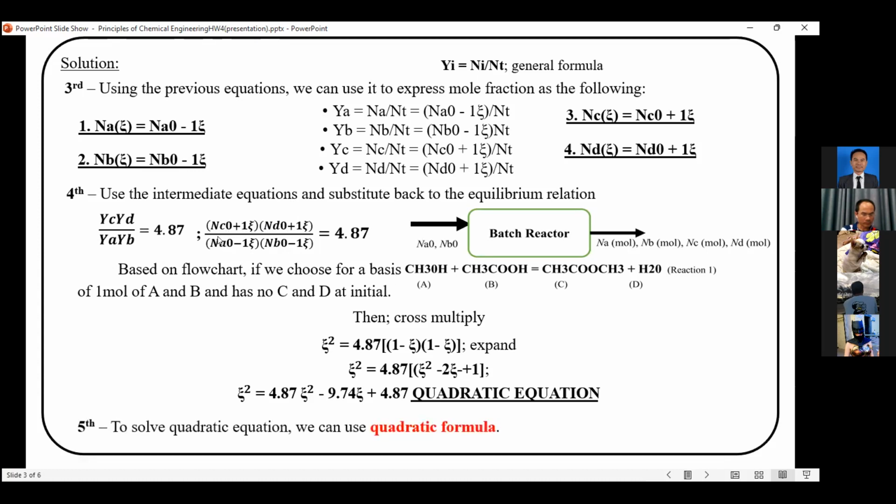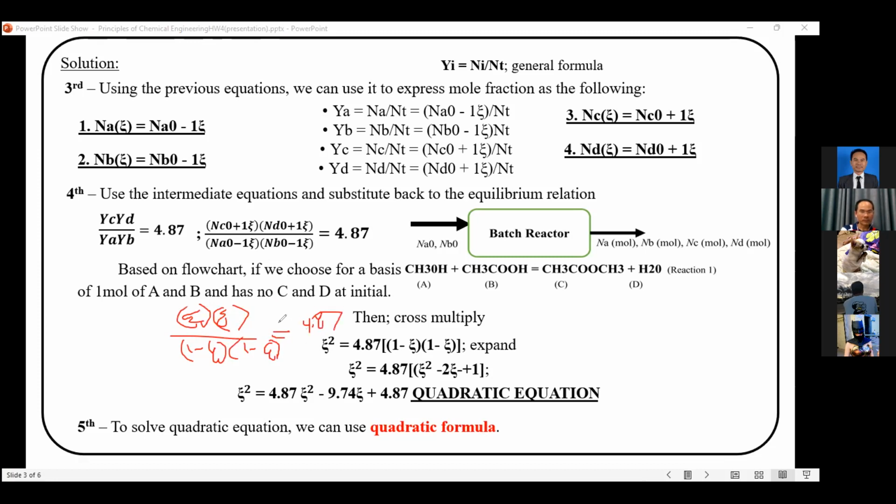So this will be equal to, sorry, I forgot to include the extent of reaction, so this will be equal to C over 1 minus C times 1 minus C, which is equal to 4.87.